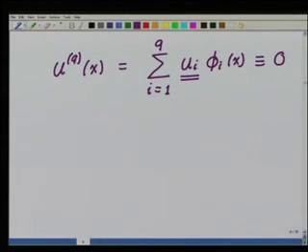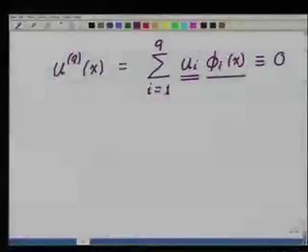For that, let us see a very important property of these functions. What are these phi i's? If you remember, these phi i's have a value 1 at the node with respect to, or the point with respect to which they have been defined, and at all other points that we have put in the domain, these functions are 0.